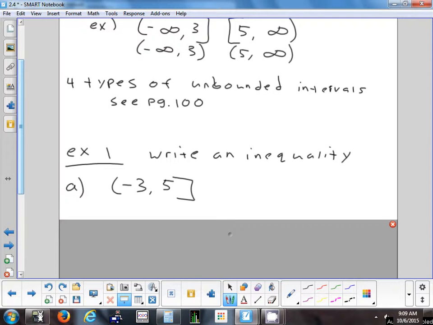All right, let's try translating between writing something as an interval and an inequality. I want to write this as an inequality. So I start with x in the middle. And this is half open, half closed, so I'm going to be using one of each symbol.